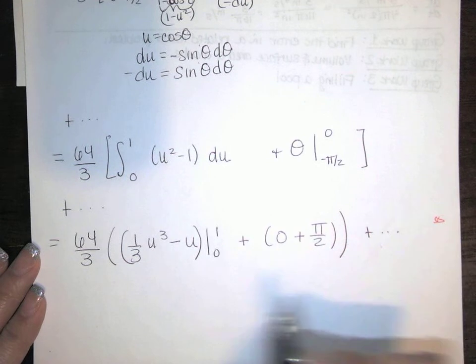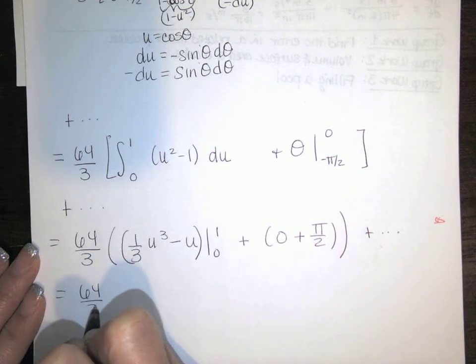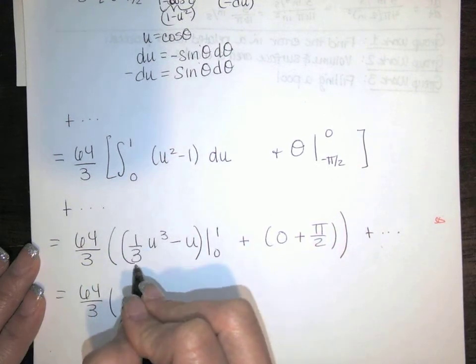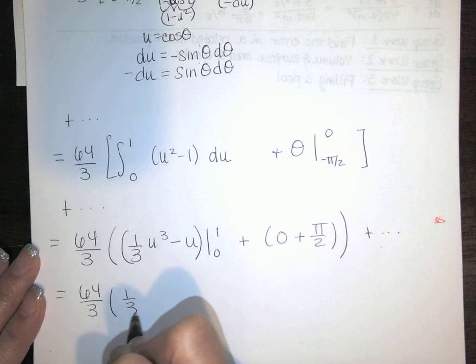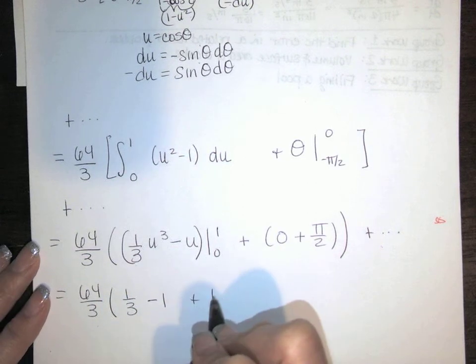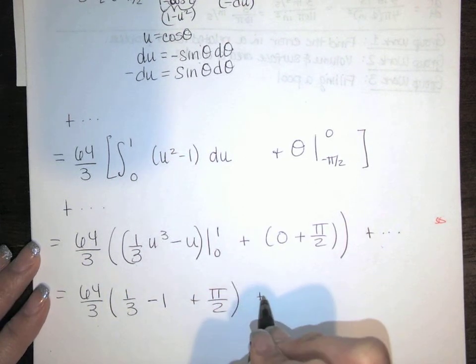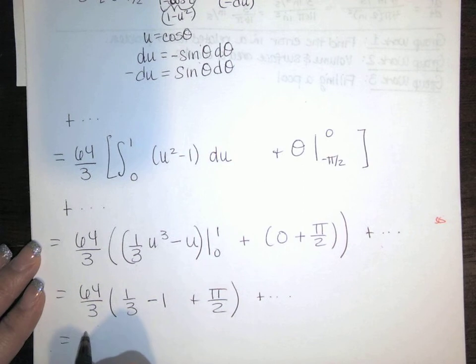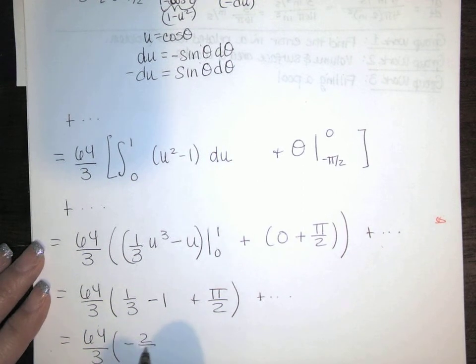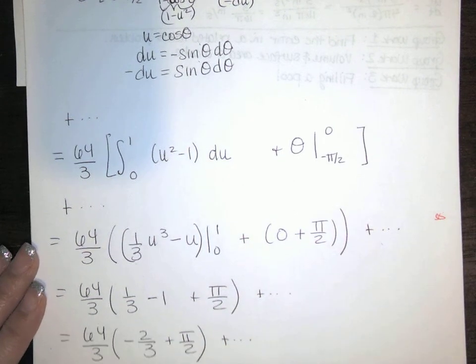Plus the second integral. So now you've got 1 1/3 minus 1 plus pi over 2 plus the second integral. So we end up with 64 over 3 times negative 2/3 plus pi over 2 plus the second integral.